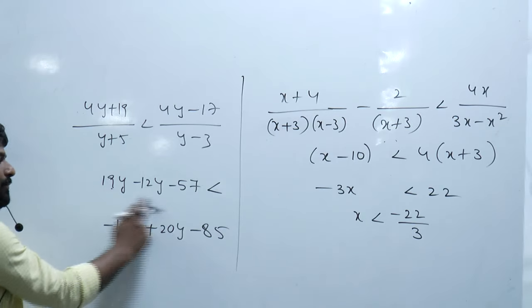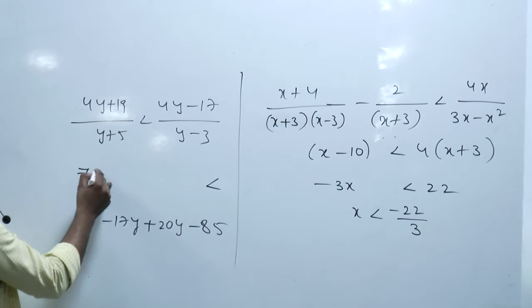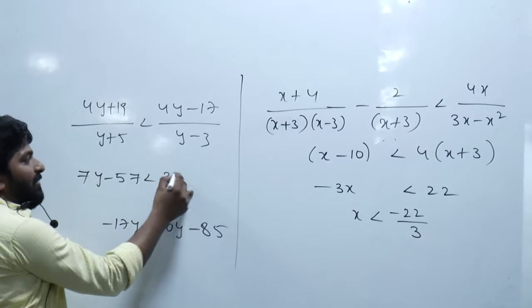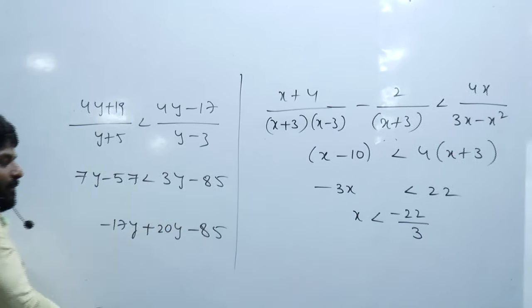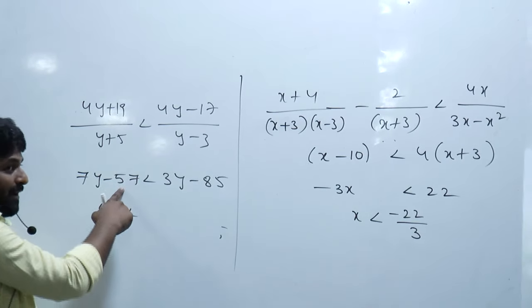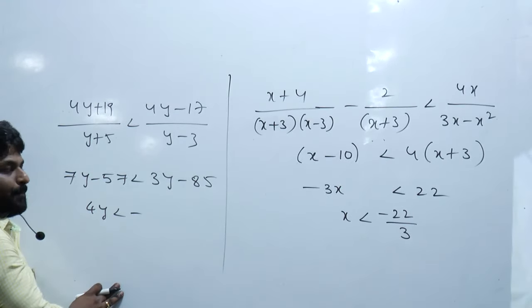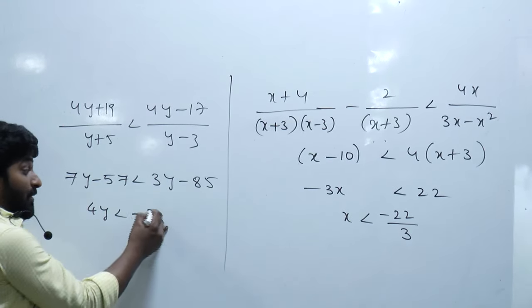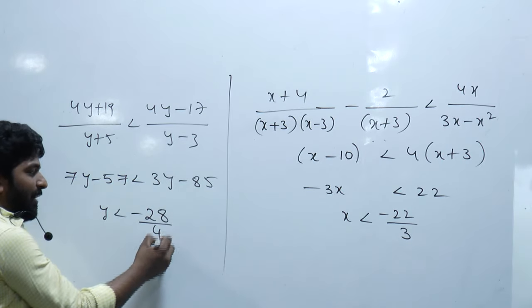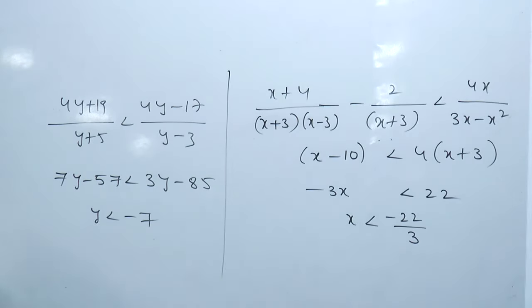What is this value? 7y-57 is less than 3y-85. Take 3y to the left hand side. 4y is less than, take -57 to the right hand side, that becomes minus 28. So y is less than -28/4, which is -7.